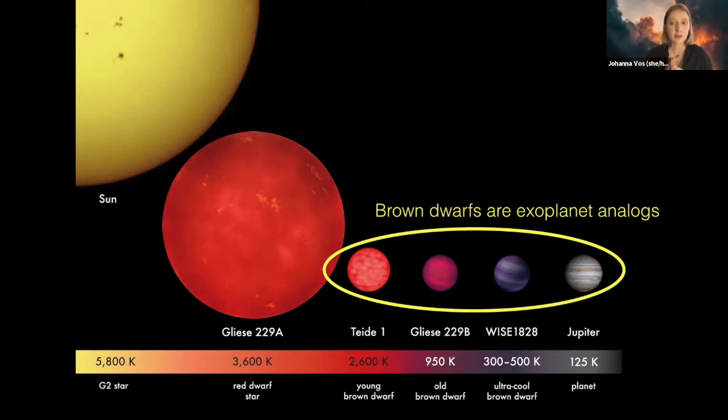They have similar temperatures, similar sizes, and in many cases, they have similar ages and masses. But they're much easier to observe without the glare of a bright host star. And studying brown dwarfs can provide a lot of insight into what we might expect for giant exoplanets in the future.